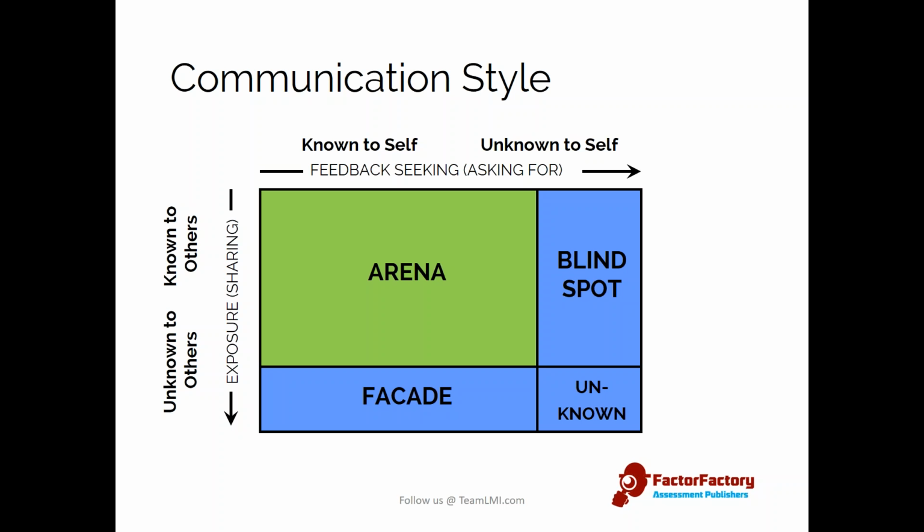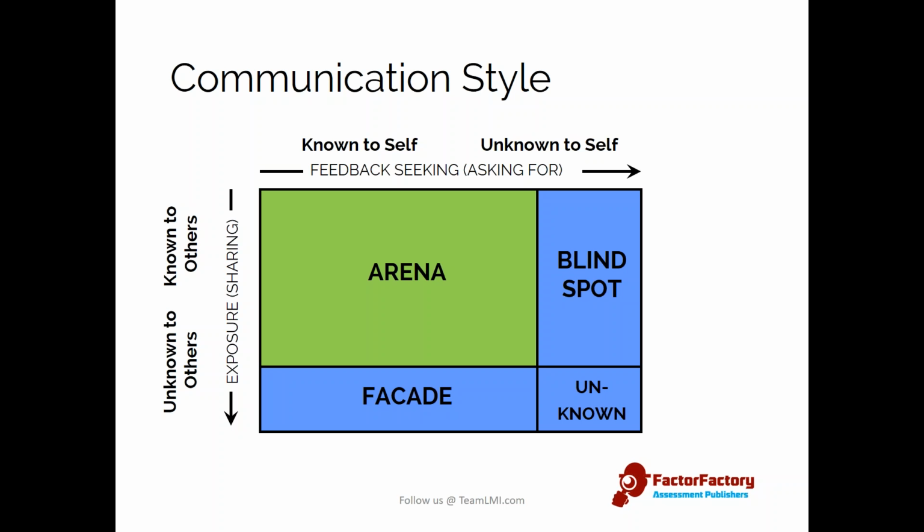If the arena is not square, maybe it's long and thin, either vertically or horizontally, I don't want to get too far into this, but you have someone who is doing a lot of feedback seeking, asking a lot but not sharing a lot. That may be something you'd call a nosy neighbor. You know, the person who's always trying to get information out of you but never really shares much about what they think.